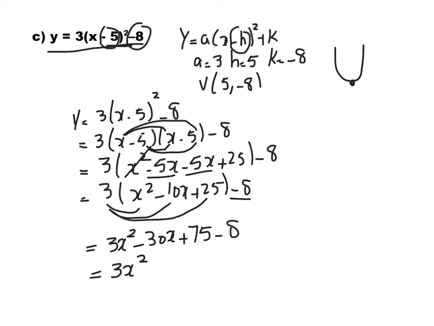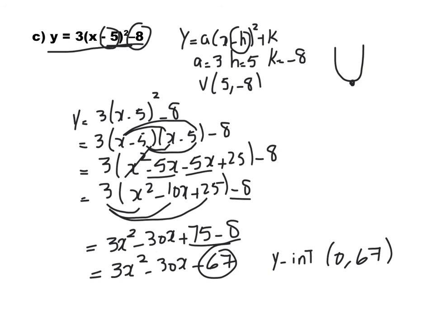Negative 30x stays negative 30x because there is no like term, but I am going to combine 75 and negative 8, and I'm going to get plus 67. So the standard form is 3x squared minus 30x plus 67, and the y-intercept is the constant here, which is 67, which is (0, 67).